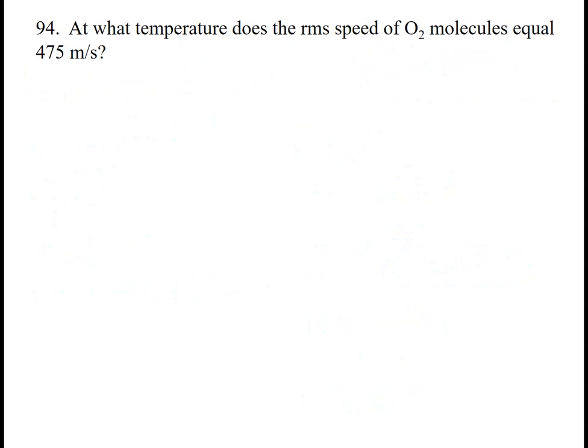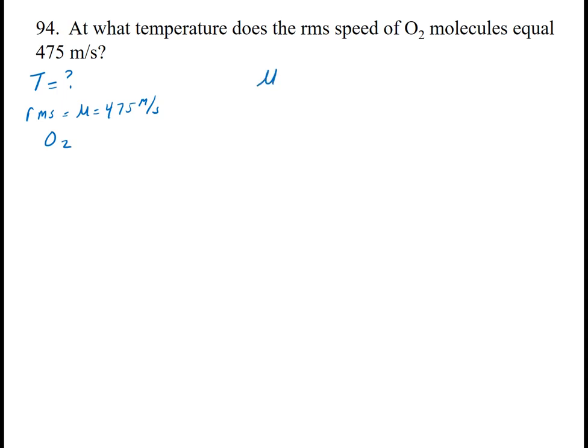This one wants to know at what temperature the RMS speed of oxygen equals 475. So we're looking for the temperature, which is what we don't know. RMS, which is mu, is equal to 475 meters per second for O2.